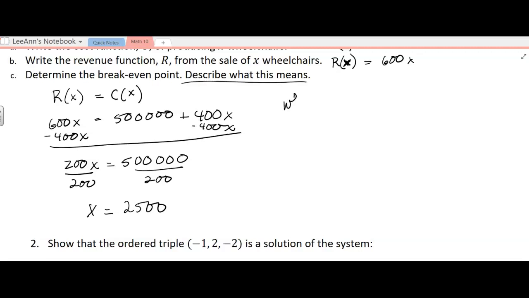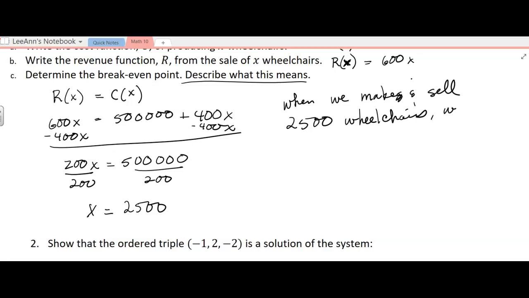It means when the company makes and sells 2,500 wheelchairs, remember, X is the number of wheelchairs, we break even, meaning we covered the costs.